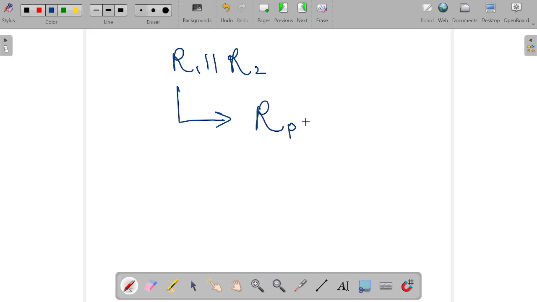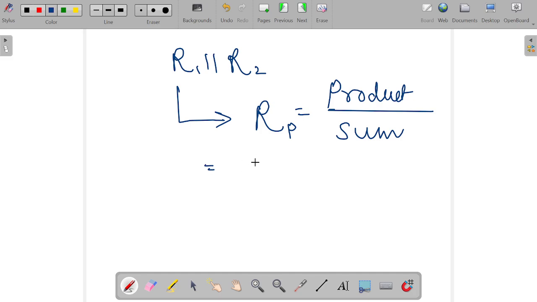To obtain the effective parallel resistance, just take the product of both the resistors and divide it by their sum. Very easy. So what is the product? It is R1 into R2 upon R1 plus R2.